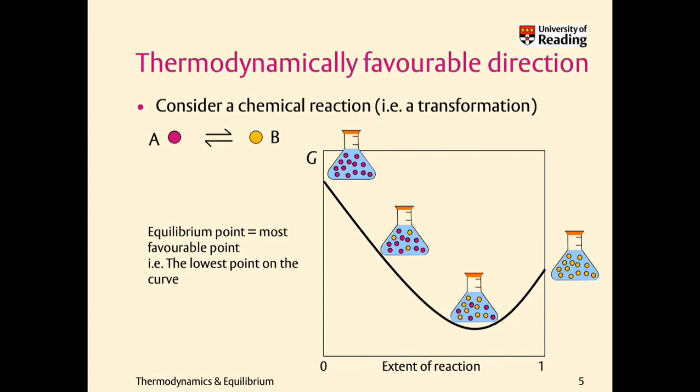You can see that for an equilibrium reaction, the lowest point on the curve will not be at the point where we have only products formed. It will be somewhere between where products and reactants are. So it shows that there is a proportion of both reactants and products at that lowest energy point, and that would be the equilibrium point.